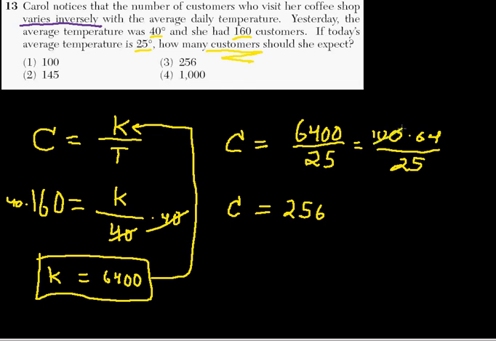And 100 is just 4 times 25, so you cancel out that, and then 4 times 64 is 256. So the number of customers is 256, which makes sense, because if it varies inversely, that means the colder it gets, the more customers she has. The lower the temperature, the more customers she has. All right, we'll see you in the next question.